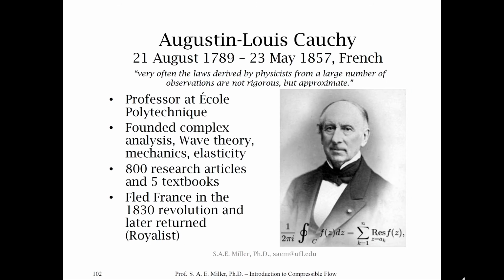This equation was found, and the Navier-Stokes equations were simplified in many ways and brought to a modern formulation, by Augustin Louis Cauchy. He lived from 1789 to 1857, and he was French. He wrote, "Very often the laws derived by physicists from a large number of observations are not rigorous, but approximate." Indeed, he was a contemporary mathematician living in a previous era.